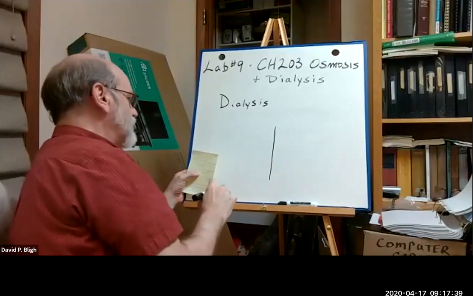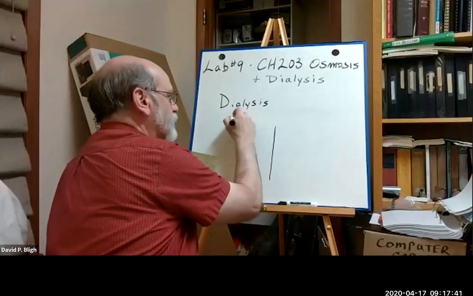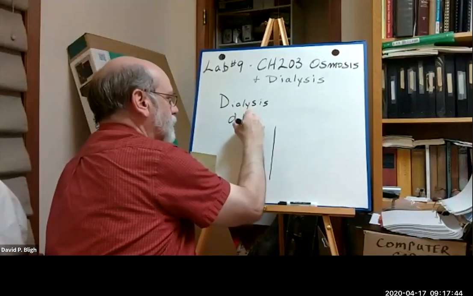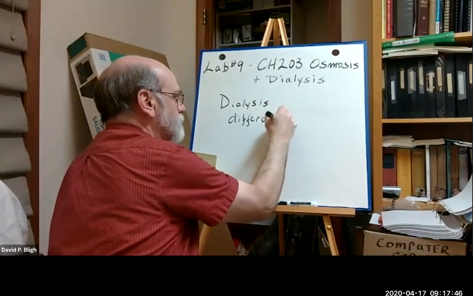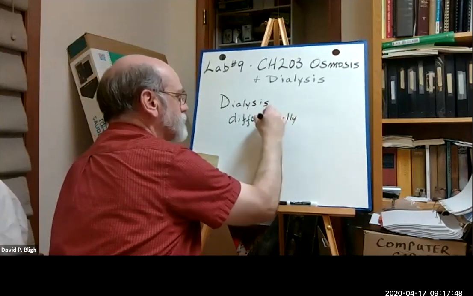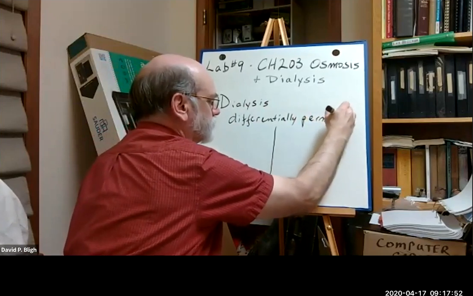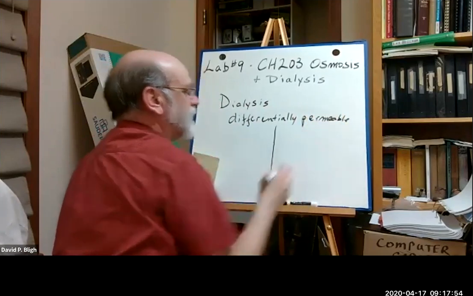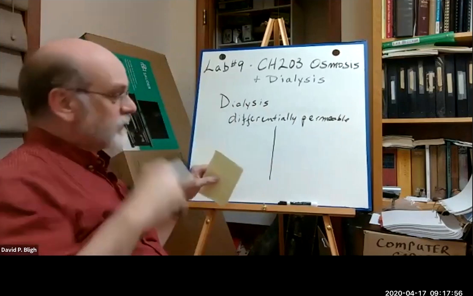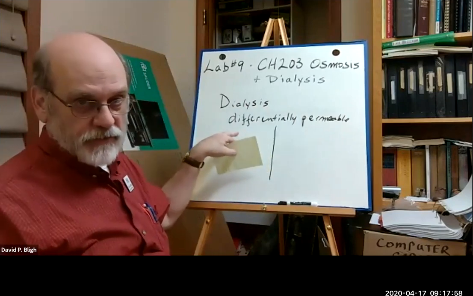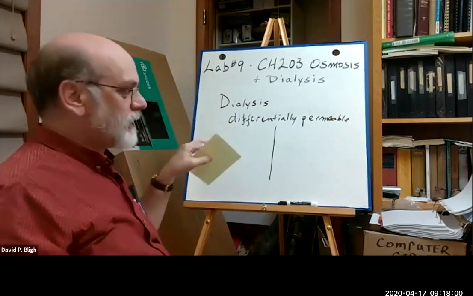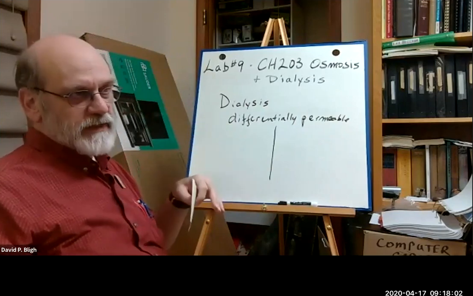But this membrane is differentially permeable. Sometimes the word is used, this is what the authors of the method use, differentially. Sometimes you'll see, rather than differential, you'll see selectively.